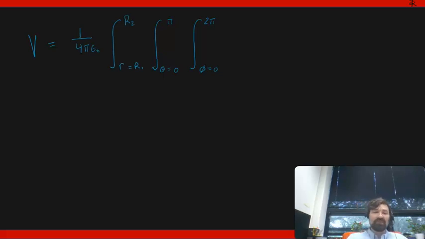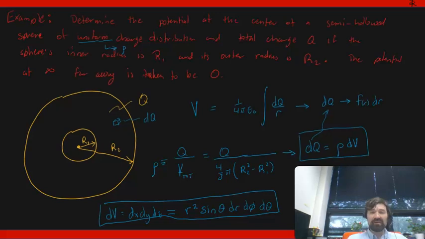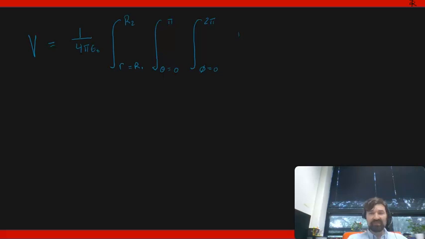And then what I have basically as my integrand, dq over r, becomes r squared sine of theta dr d theta d phi, all divided by r. Okay, good news, I can cancel some r's here, and I'm just left with an r sine theta dr d theta d phi.